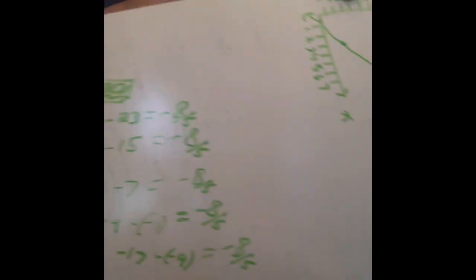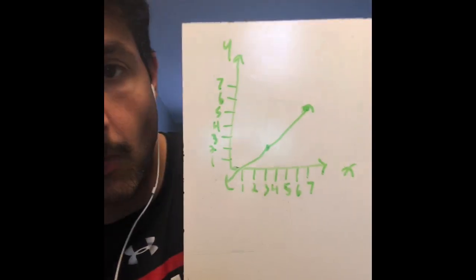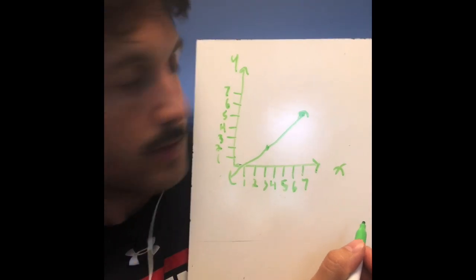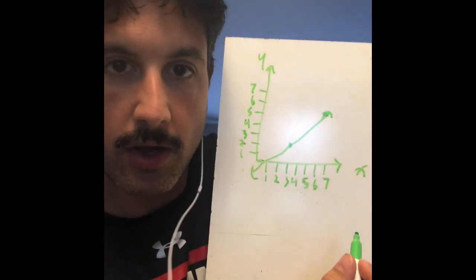We've got an actual example. Here we go, x and y. You've got x going up by ones, y going up by ones, and you've got 2 points on the line.